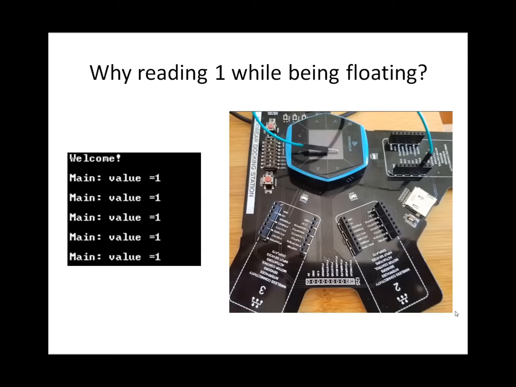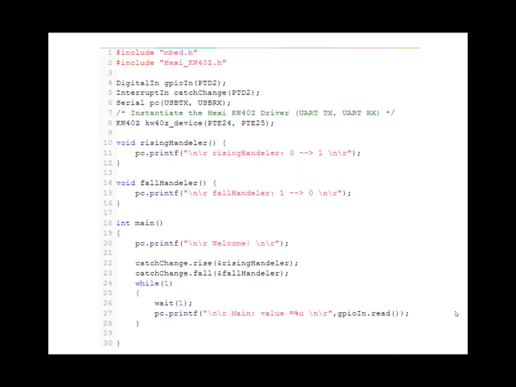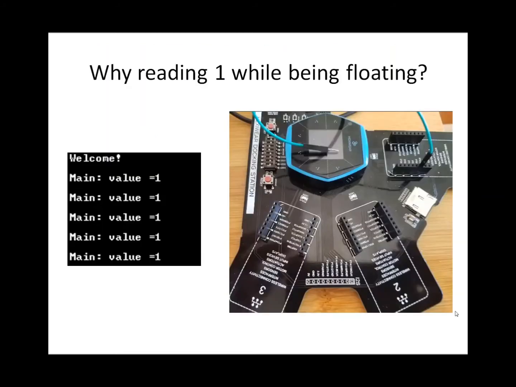Now, this is my hardware. It's floating now. Can you see? This is BDG2. Why does the main loop keep printing value 1? If you remember, I am reading here the value. I do wait and I read the value. So why does it keep reading value 1? It's floating.